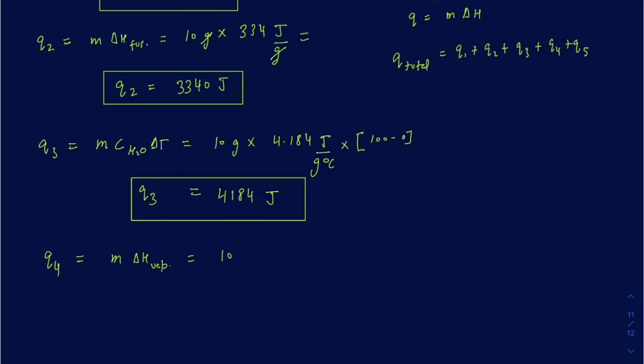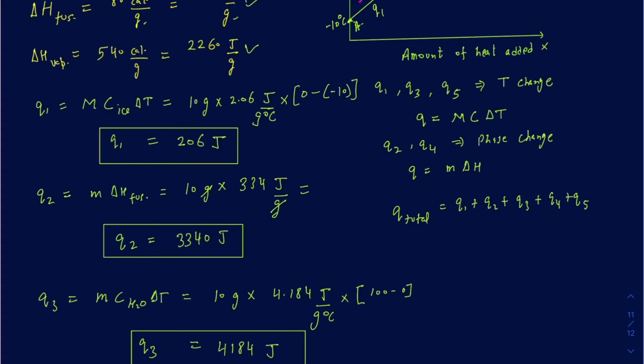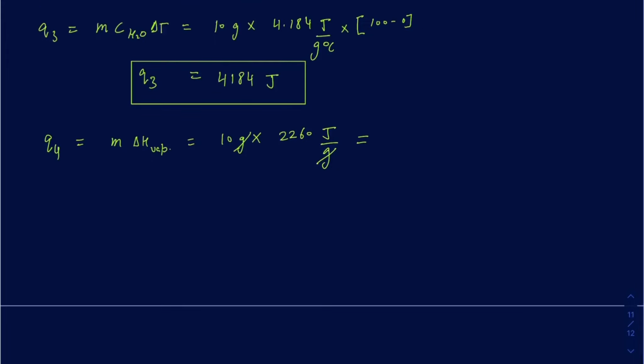The mass is 10 grams, and the delta H of vaporization for water is 2260 joules per gram. So when you calculate this out, it's going to be 22,600 joules of energy, and that's your Q4.